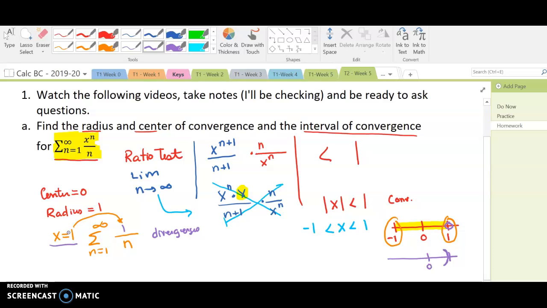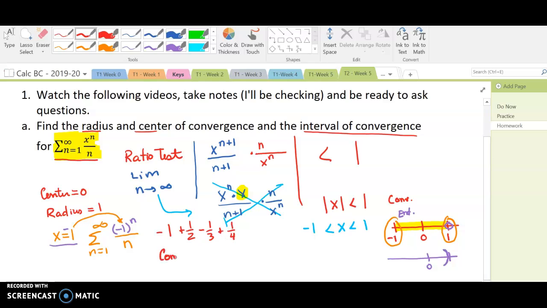But I also then need to check x equals negative 1, the other endpoint. So when I do that, for x, I put a negative 1 to the n. Well, now, this is an alternating series that would be negative 1, and then it would be 1/2, and then negative 1/3, and then positive 1/4.